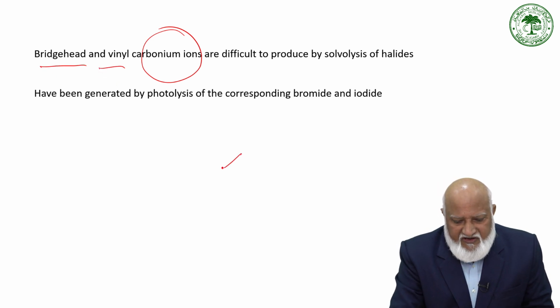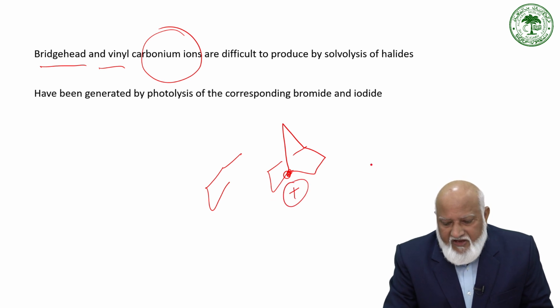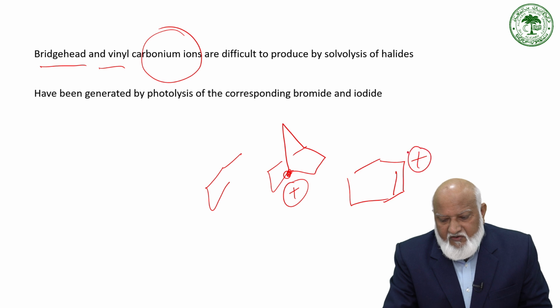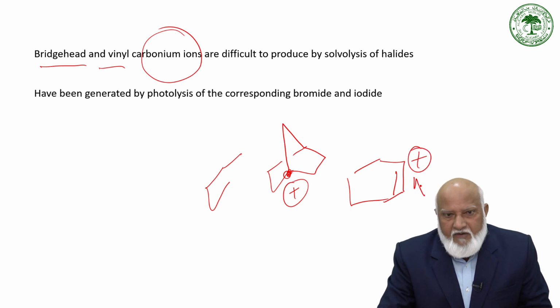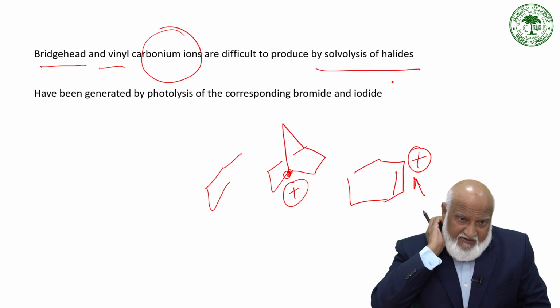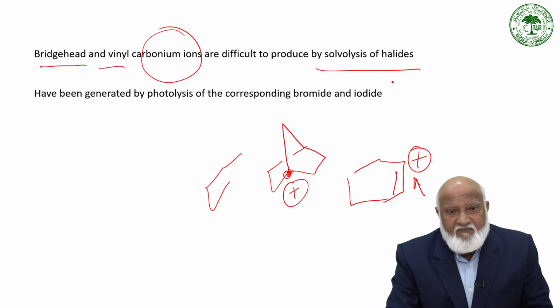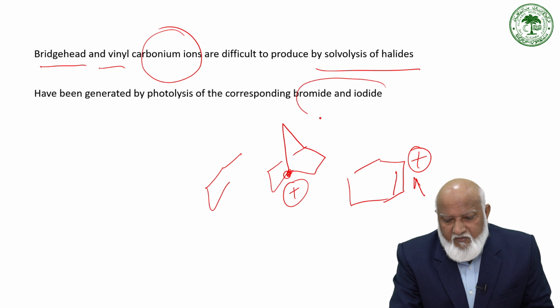So for example, we have the generation of a carbocation on this bridgehead carbon, as well as the generation of a carbocation on the olefinic vinyl carbon. This is very difficult through the solvolysis of halides, but it can very well be generated through photolysis of the corresponding bromide and iodide.